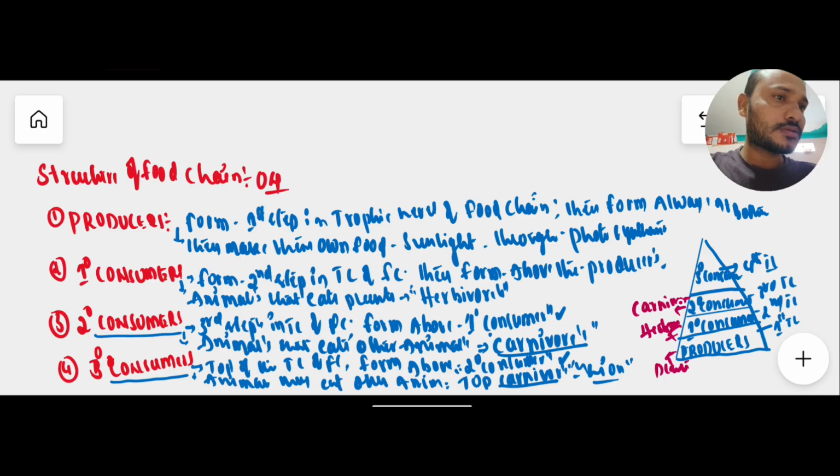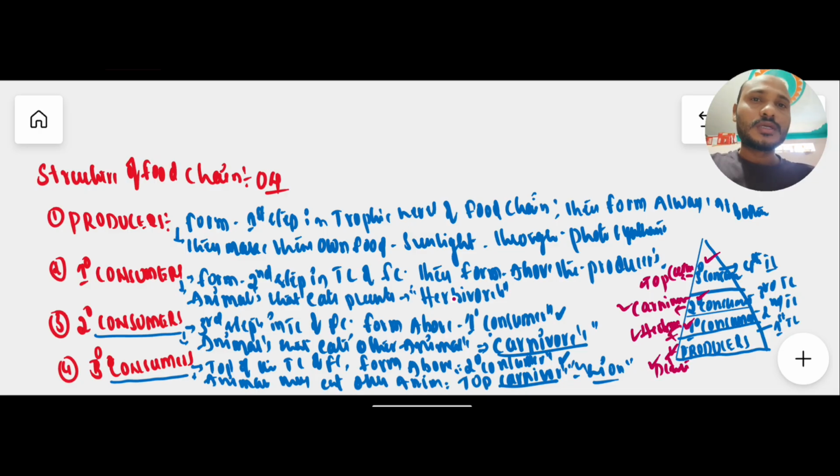In tertiary consumers, also animals that eat other animals, but they are in the top positions and they won't be eaten by any other animals, hence they are called top carnivores. So top carnivores are generally tertiary consumers, carnivores are generally secondary consumers, herbivores are generally primary consumers, and producers are always plants. So likewise, every food chain is made up of these four important structures or components.